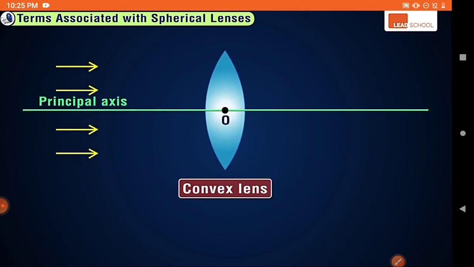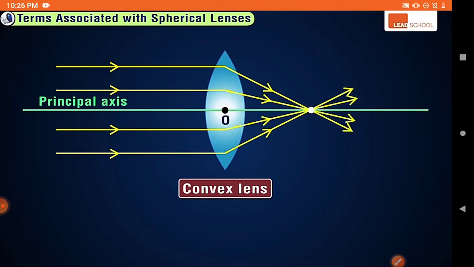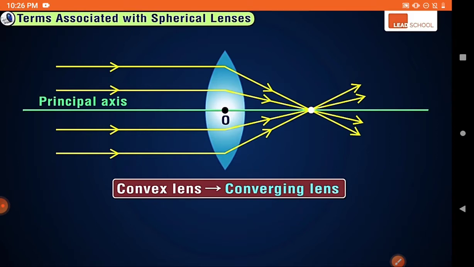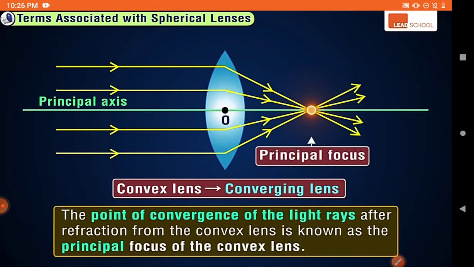When the light rays parallel to the principal axis are incident on a convex lens, they converge at a point on the principal axis after refraction. Since the light rays converge after refraction, the convex lens is known as a converging lens, and the point of convergence of the light rays is known as the principal focus of the convex lens.